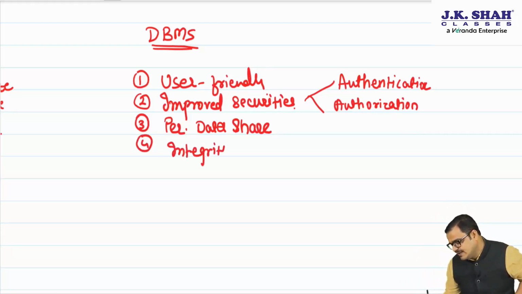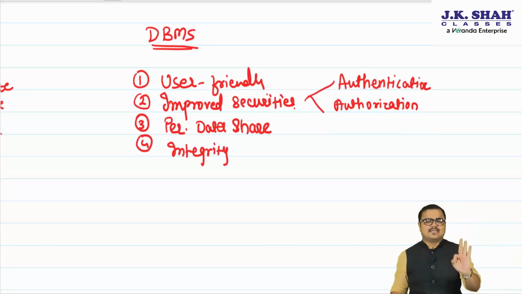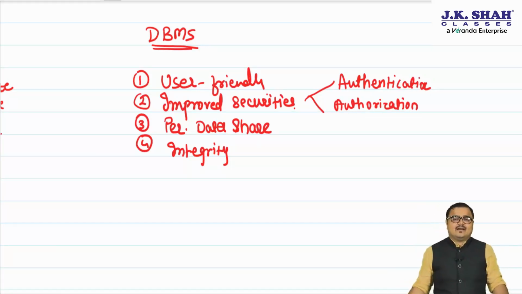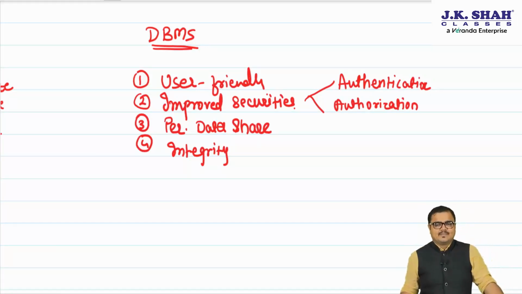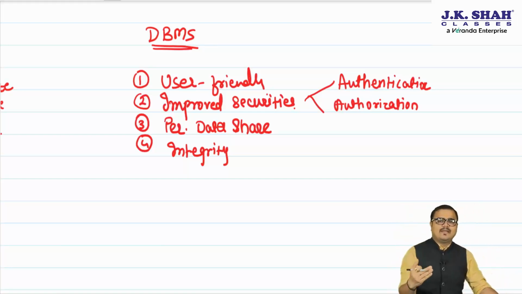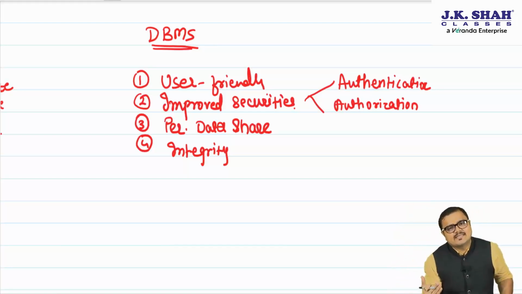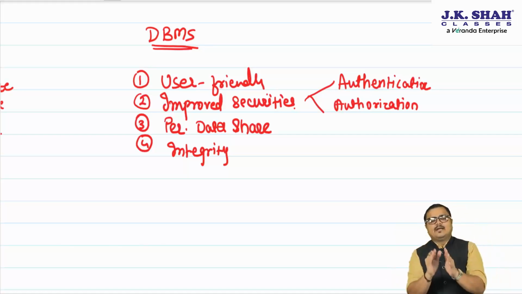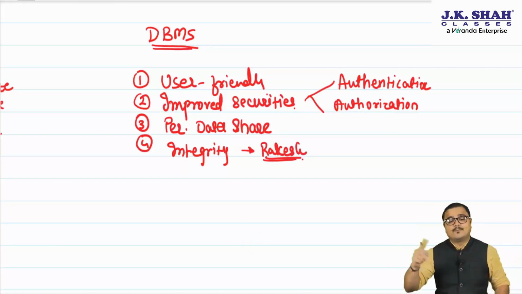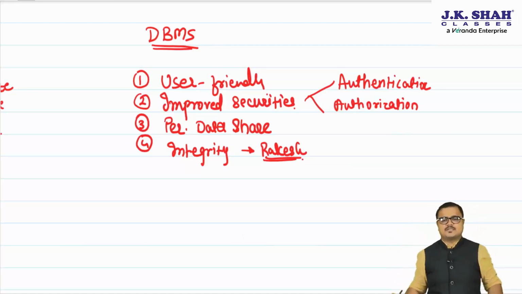Next, integrity can be maintained. What do you mean by integrity? Unauthorized changes and unauthorized amendments cannot be made. We cannot record any wrong data. Example: till the master data is created, you cannot make any entries into the system. Till the time I don't have an employee called Rakesh in my master data, will the loan approval system approve a loan for Mr. Rakesh?